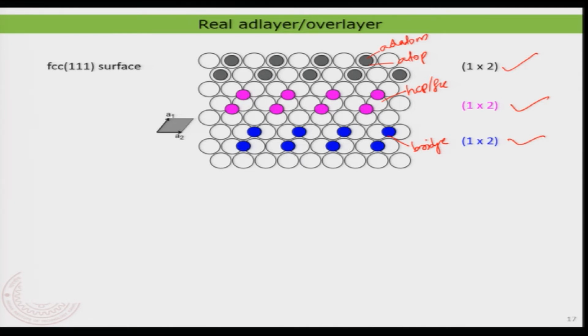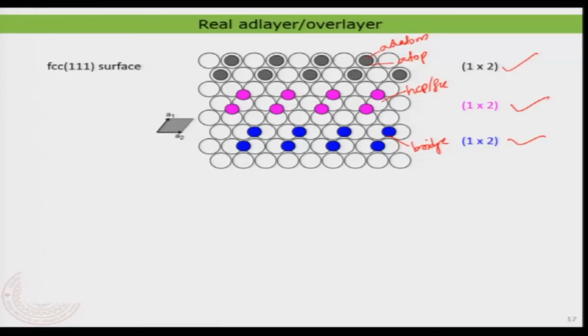But the point I want to make is that, depending on the atom or the reactivity or whatever factor you find, the atoms can occupy this variety of positions, and it is also not necessary that every atom occupies the same site, it may occupy a variety of sites. You will see that in the other examples.